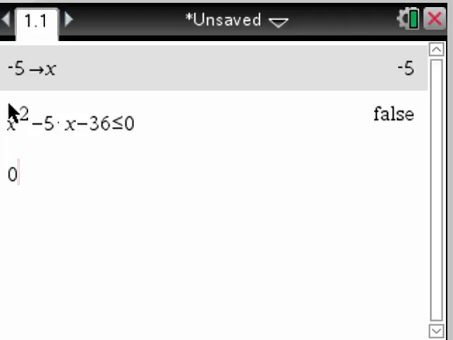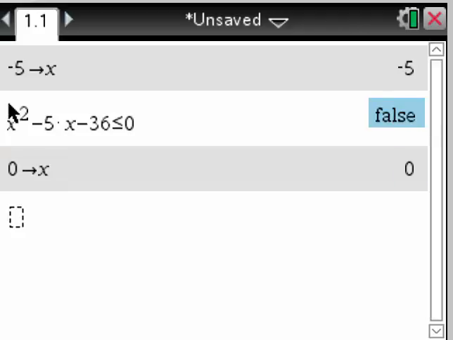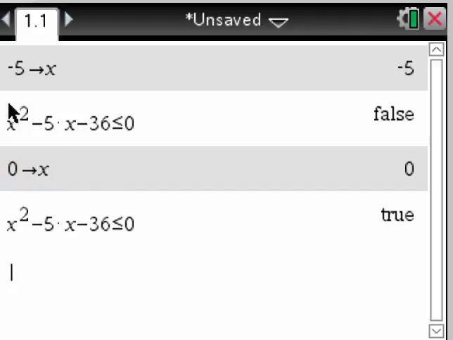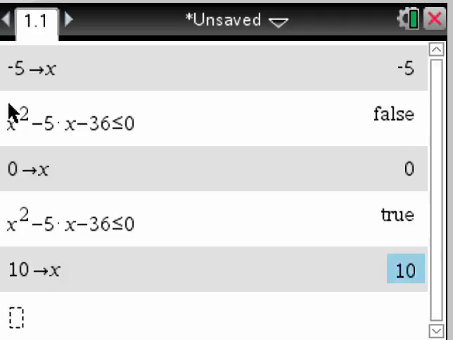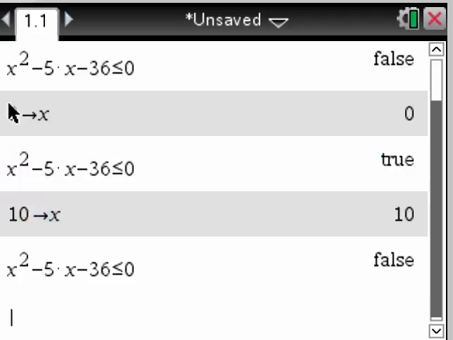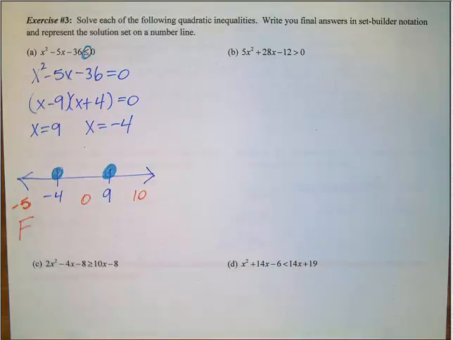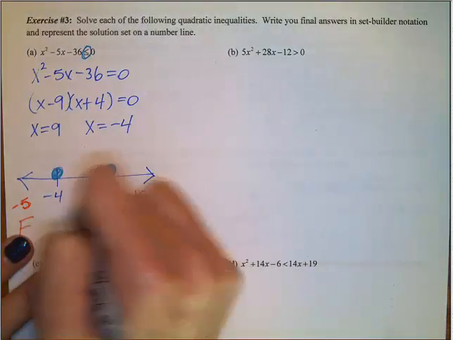Now store 0 for x, cut and paste, that is true, and then store 10, and then cut and paste. So we have false, true, false.